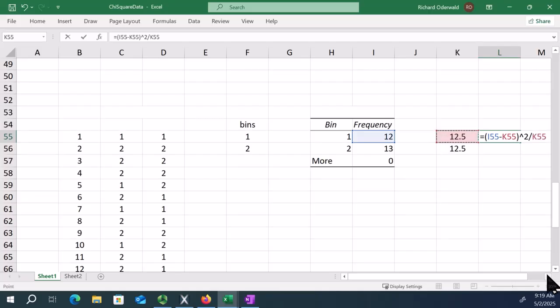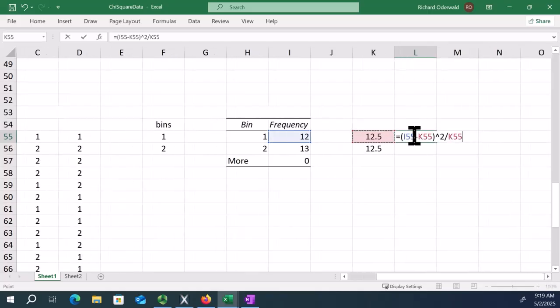That's the official chi-square calculation. Observed minus expected squared, so it's always positive, divided by the expected values.